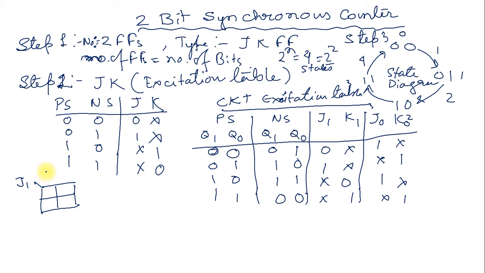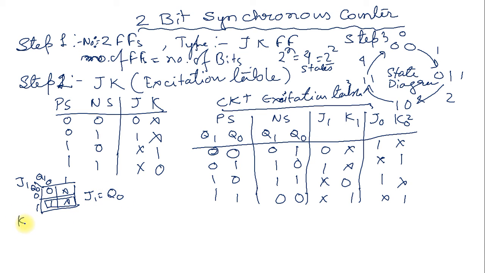For the MSB Q1 and LSB Q0, I can write 0 1 don't care don't care. So I can group this. So here 0 1 0 1, so J1 equals Q0.